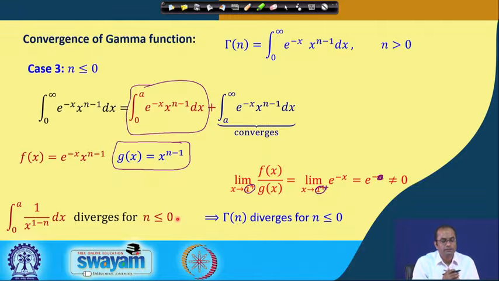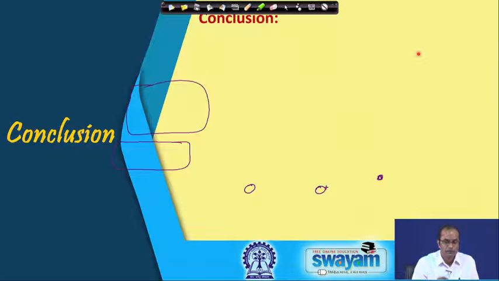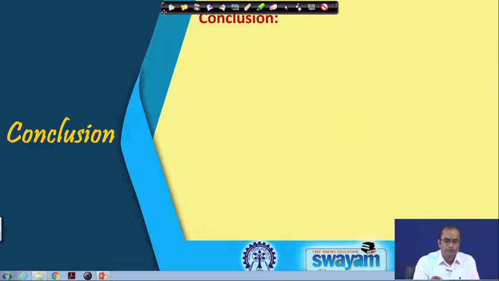So, both the integrals, the gamma and the beta, have convergence issues based on the power here. In case of gamma n, whenever n is positive, this converges, and the other one also converges for m and n positive.